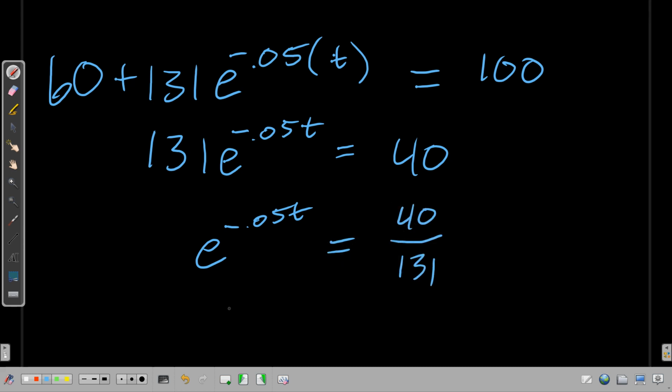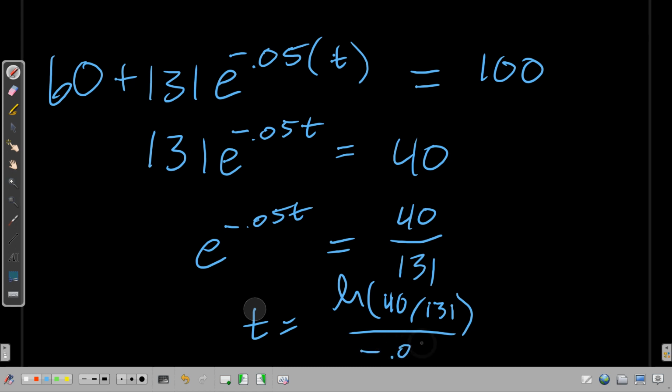If I take a natural log on both sides, then divide by minus 0.05, t would equal the natural log of 40 over 131 divided by minus 0.05. Both the numerator and the denominator are negative numbers, so we'll get a positive t.